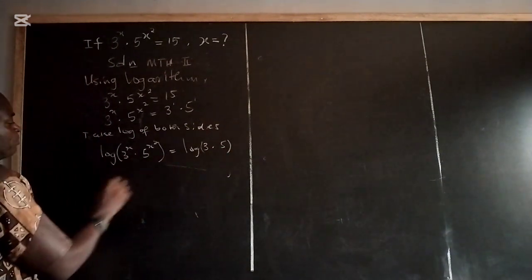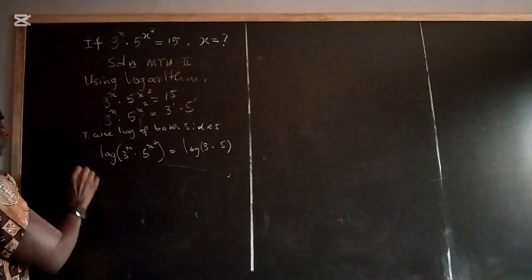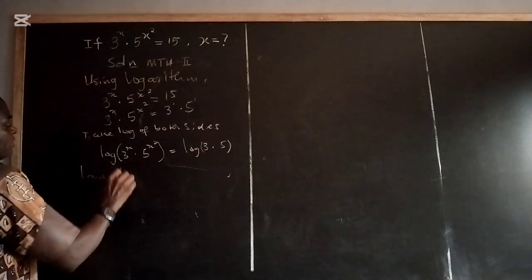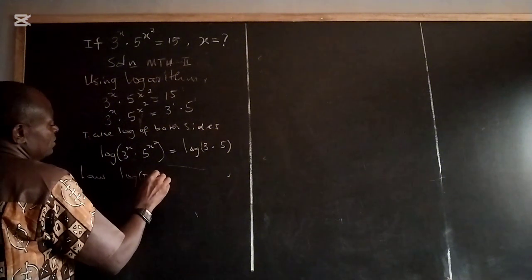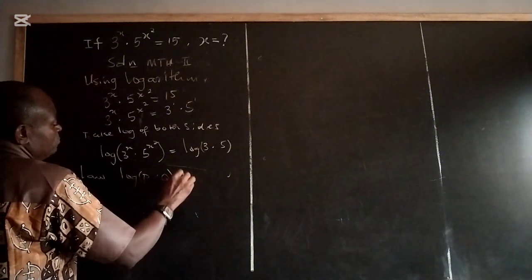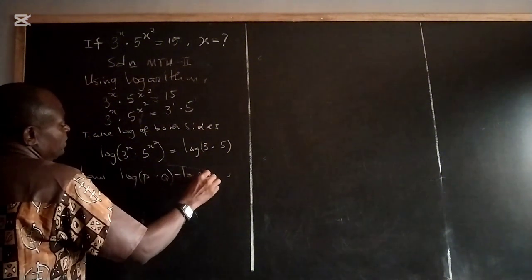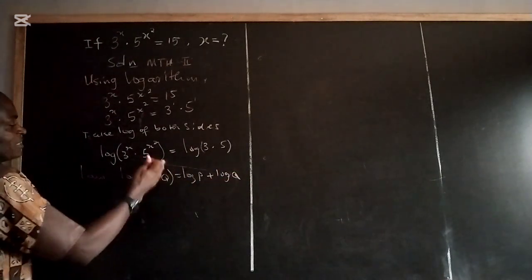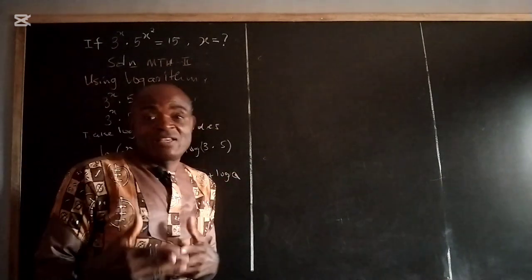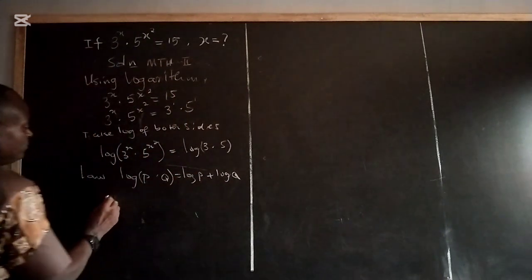We could separate them, because the law of logarithm says that if you have log of p times q, you could write it as log p plus log q. So we apply this to both sides of the equation, and that's going to be very interesting.